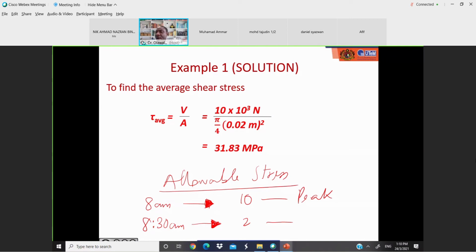Now, how many of you have checked how many people can enter the lift? In that lift, they will write 8 people only. But during the peak time, people can still go in. Move forward a bit more. 8 people, already 10.